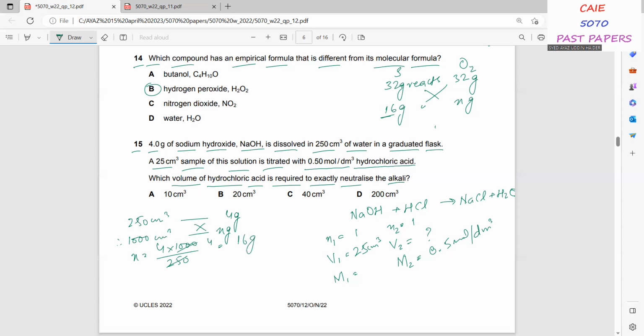So I want to calculate the moles of sodium hydroxide needed to make a mol per dm³ solution. So 16 grams will be divided by the MR of NaOH.